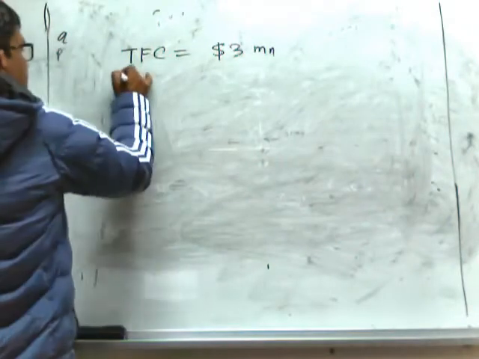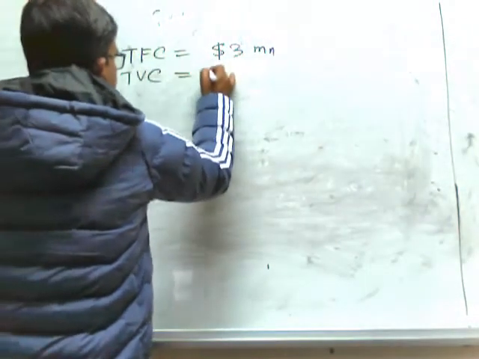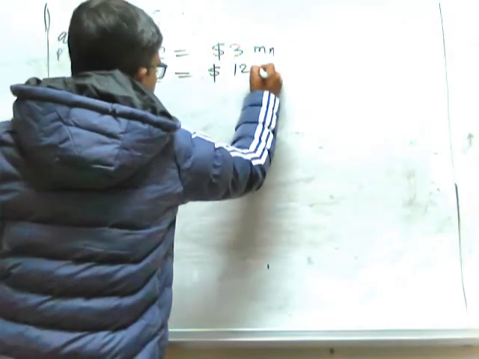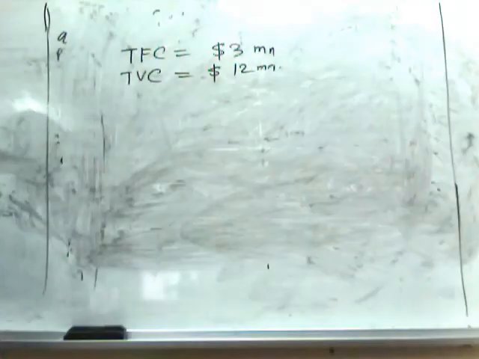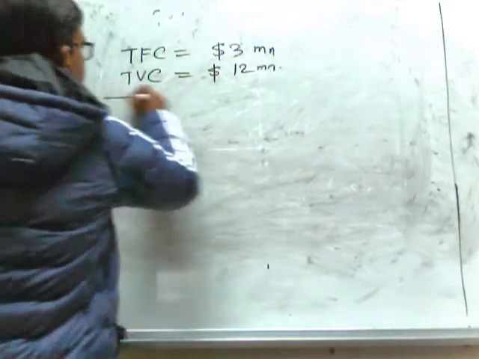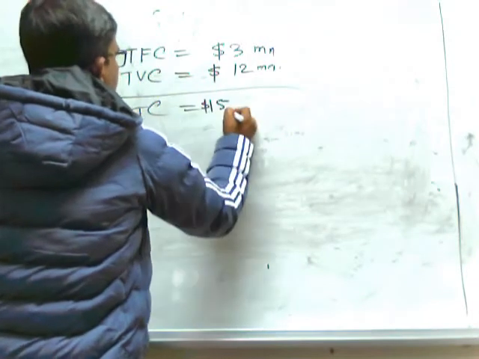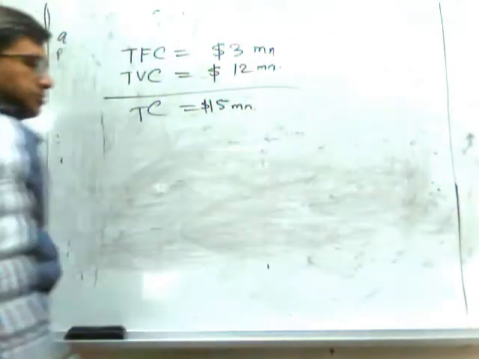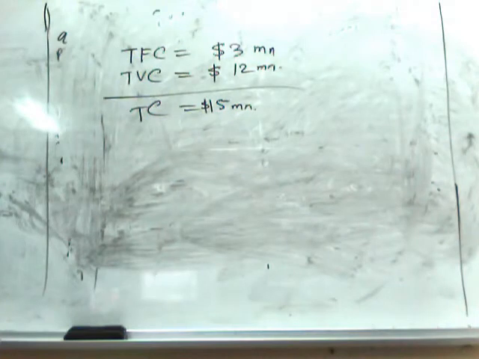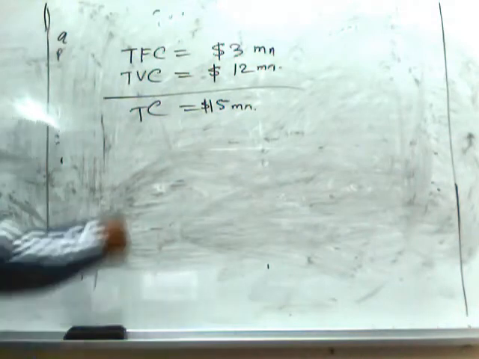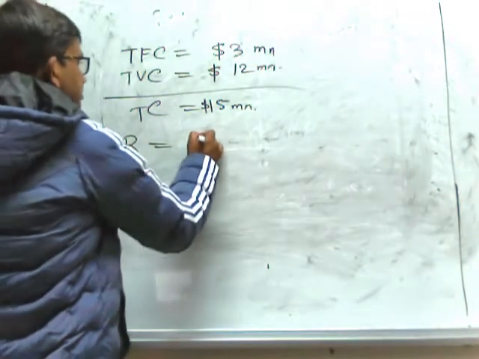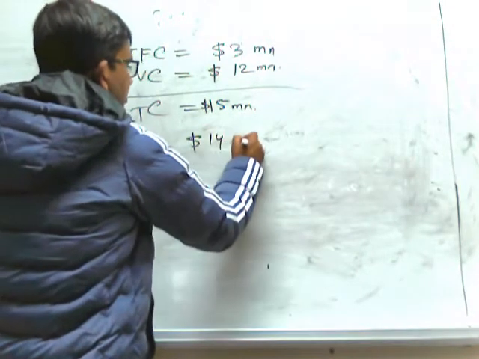Total variable cost of the firm is $12 million. So $12 million and $3 million, total cost is $15 million. Now, the revenue of the firm is $14 million.